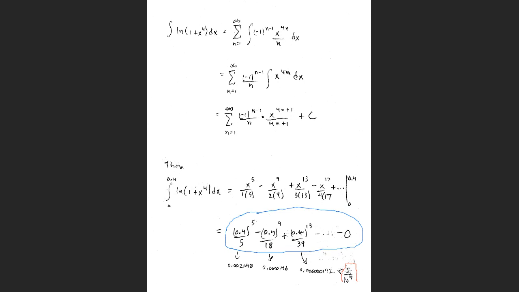So what I do with the alternating series estimation theorem is I write out the values of each term. So the first term is 0.002048. Is that less than 5 over 10 to the 7th?